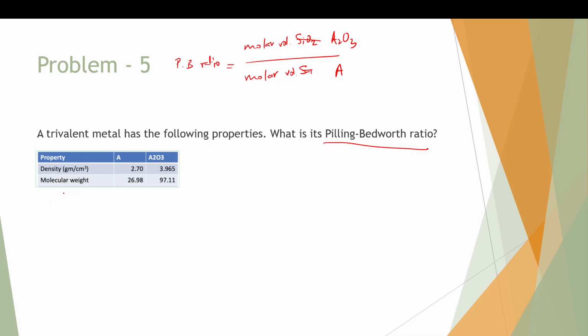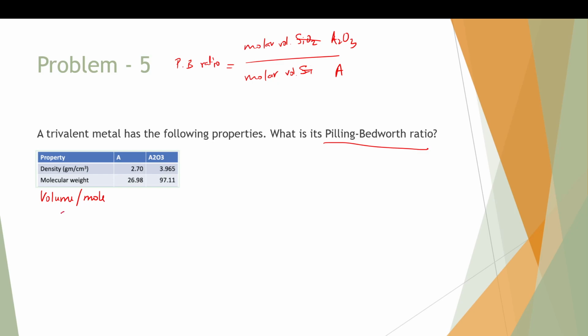Or rather, if I say how much volume will be required for 1 mole? So 1 mole weighs so much, and they have given the density. Then how much volume will be required for 1 mole of A?